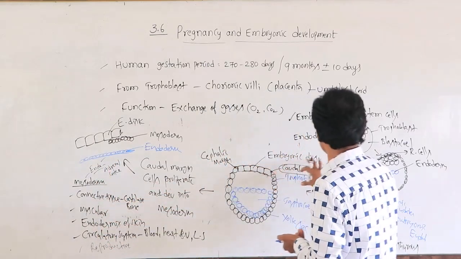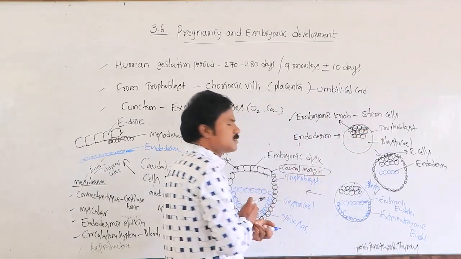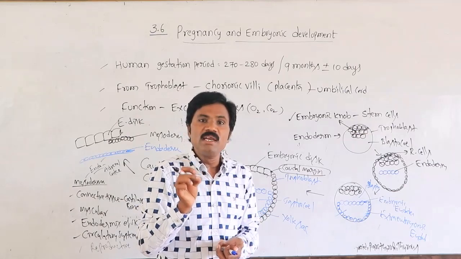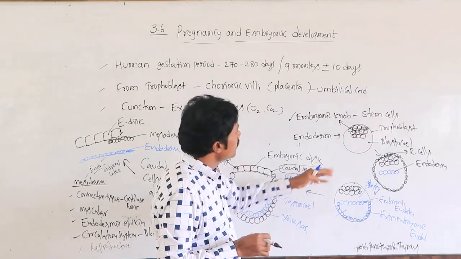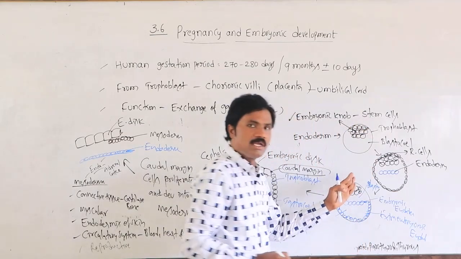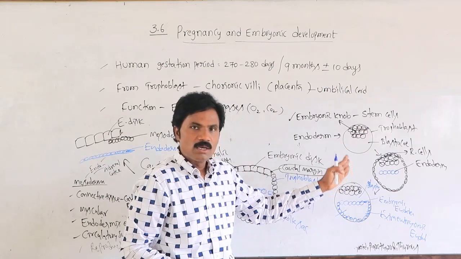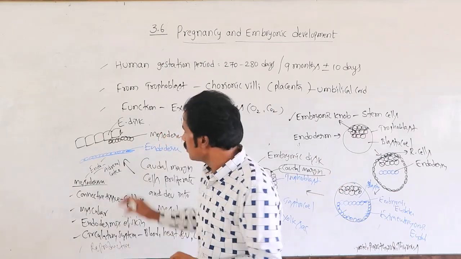Apart from this, here you write: it forms into the middle ear. The middle ear also develops from mesoderm only. You must remember that.